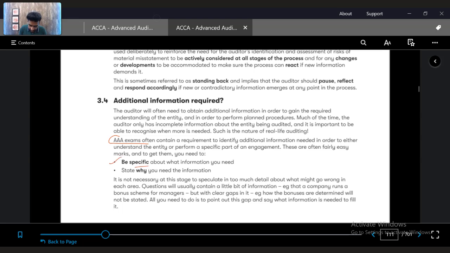You need to be very specific about what information you need and also mention why you need it. Mention in your answer that this is the information that is required and this is the reason why we need it. Definitely professional marks will be given if you quote that no additional information is given with respect to this particular situation, and that we need this information because we need to assess this particular point with respect to the risk.